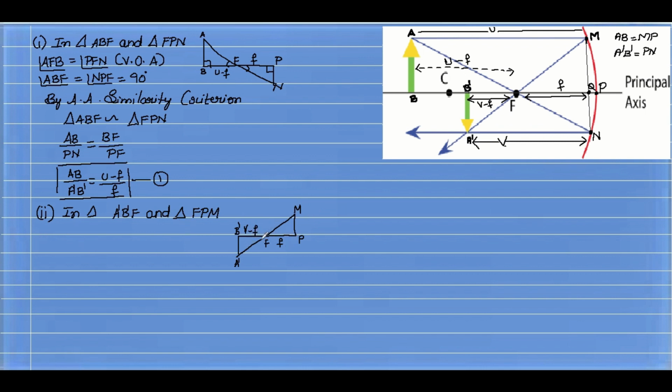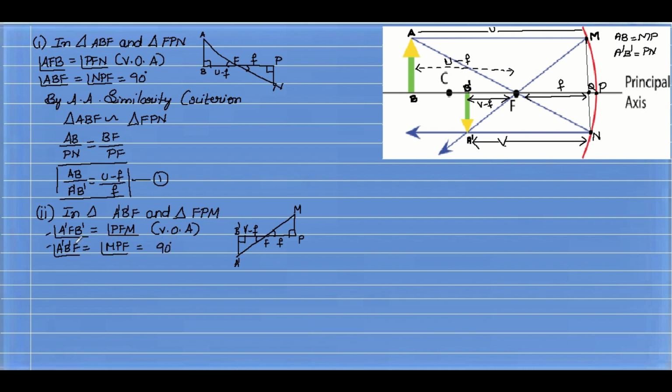Next, in these two triangles, again these two angles are vertically opposite to each other. So angle A dash F B dash is equal to angle PFM, because both are vertically opposite angles. Next, again, if a line is drawn on the principal axis, then the line will be perpendicular. So angle A dash B dash F is equal to angle MPF, because both are 90 degrees.